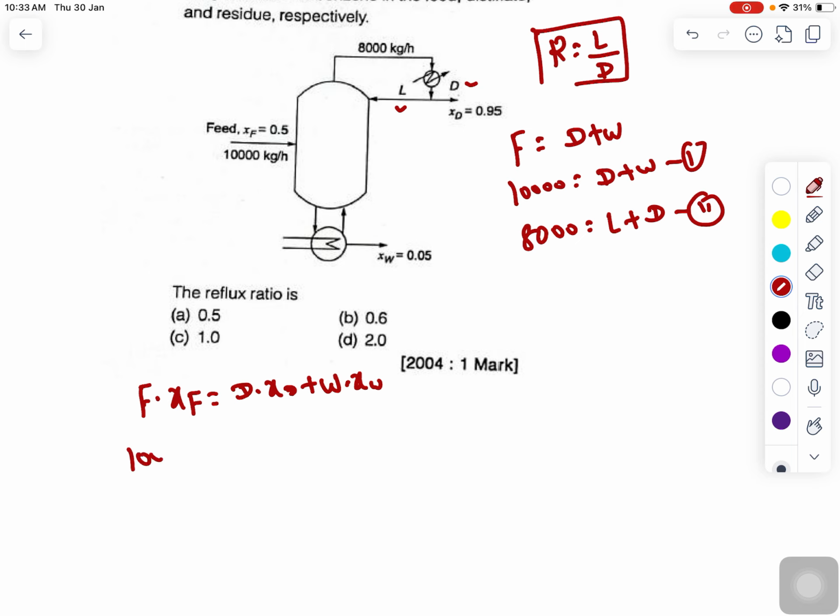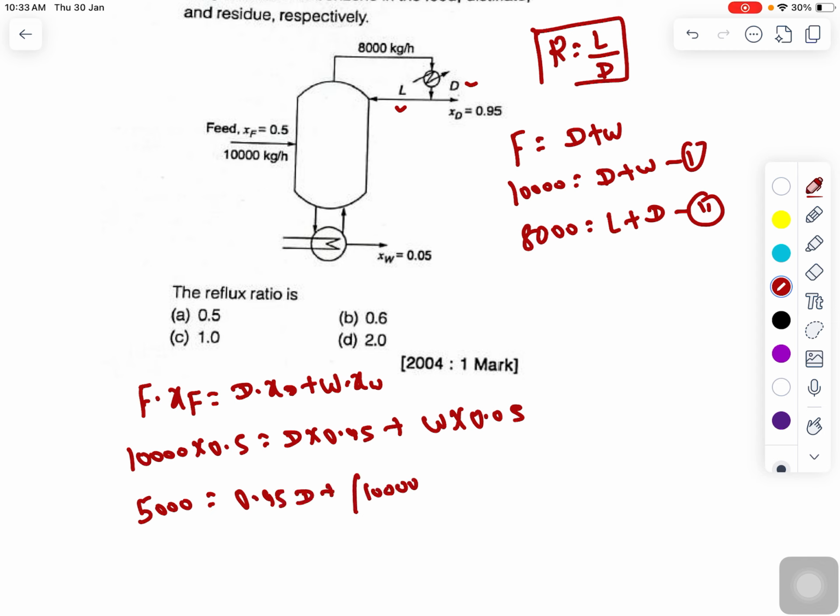So F is your 10,000 multiplied with 0.5, that is equals to D, we don't know, 0.95, plus W also we don't know, 0.05. So we can calculate D from this particular equation. So that will be your 5,000 is equals to 0.95 D plus W, which can be written as obviously 10,000 minus D, multiplied with 0.05.